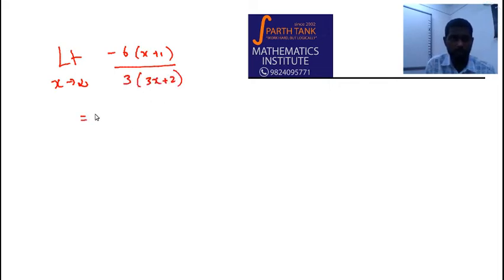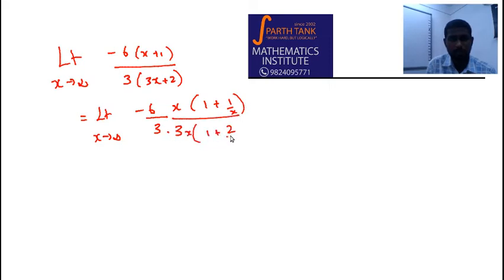Now this is fairly simple to evaluate, right? What we usually do, the technique for infinity, is to take the maximum out. If I pull x out, I get x plus 1 by x, and if I pull 3x out from the denominator, I get 1 plus 2 by 3x. So this can be cancelled, and as x tends to infinity, this becomes 0 and this also becomes 0.